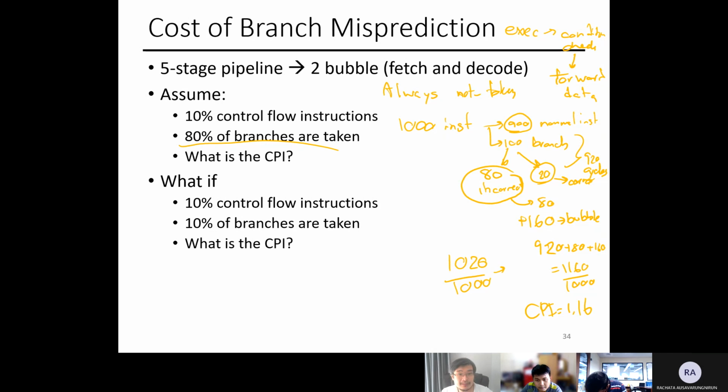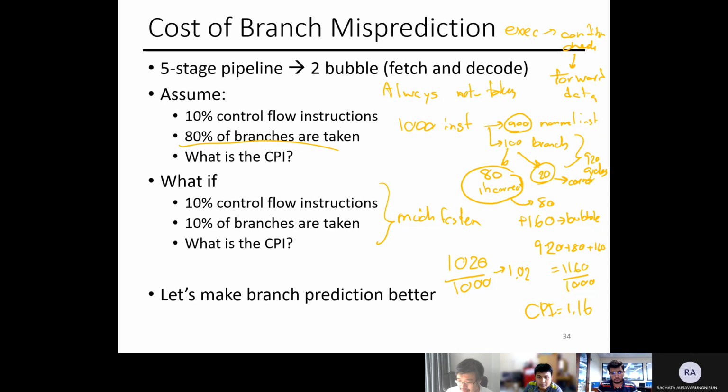It's 1.02. So this thing is much faster, right? How much? Around 12 to 14%. I didn't do the division, but it's quite a lot, right? So it's quite a bit faster.